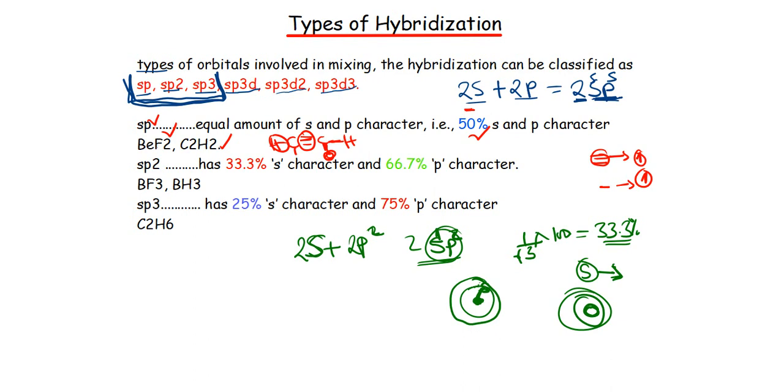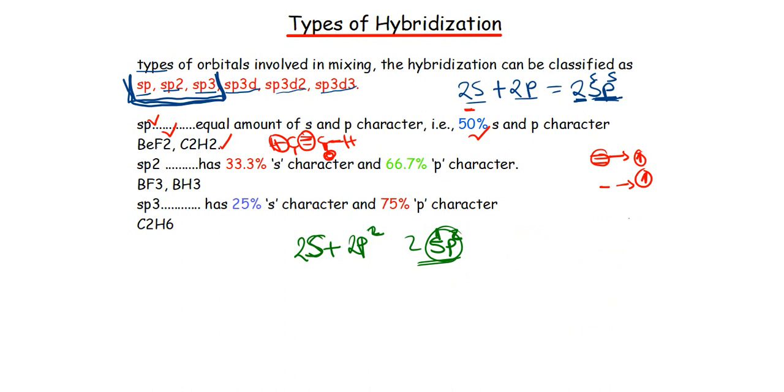So the more s character you have, the stronger the bond will be. This point is normally asked, so pay attention to it. The more s, the stronger the bond will be. Why? Because s is close to the nucleus. You can give other explanations, but that's the best.